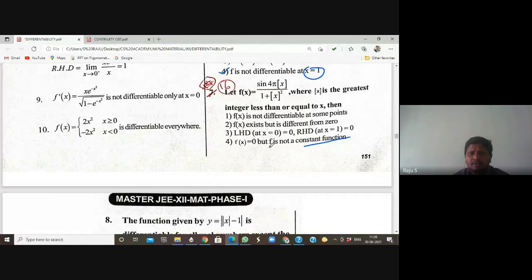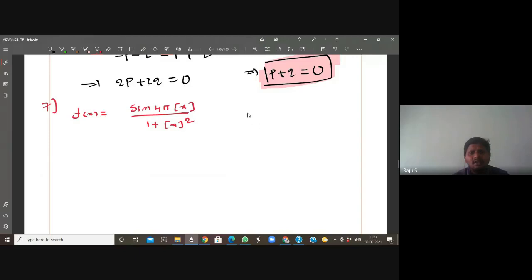Students, here it is simple actually. First, we know the standard derivative, right? See, here, what about first this value, like 4 pi of x? What about this x value?